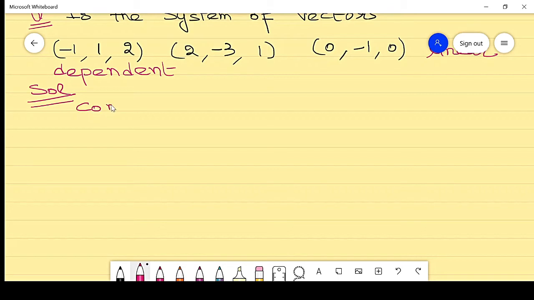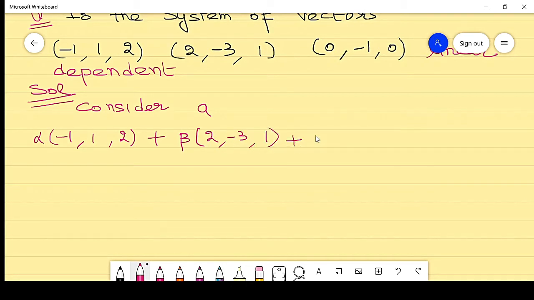Now consider a relation: alpha times (minus 1, 1, 2) plus beta times (2, minus 3, 1) plus gamma times (0, minus 1, 0) equals 0. It is my first step, where alpha, beta, gamma are scalars.